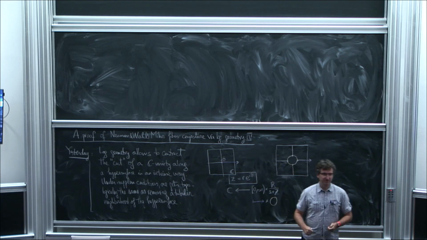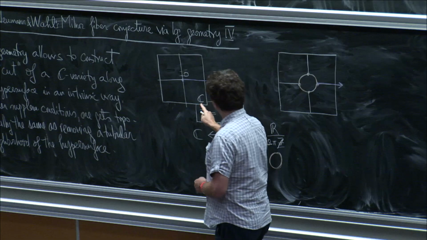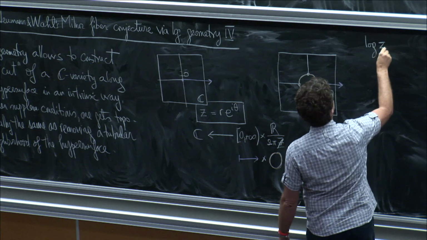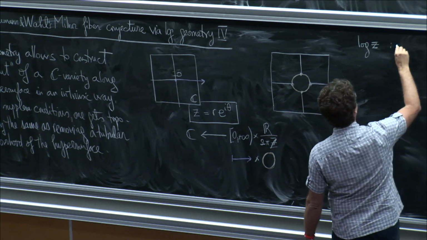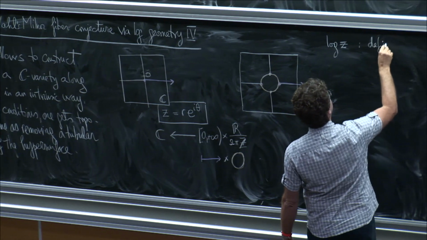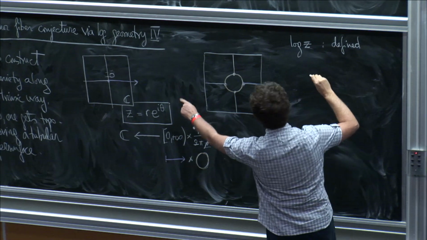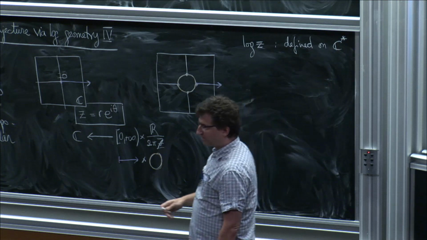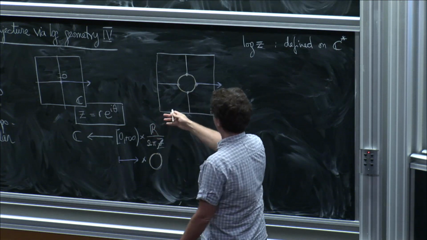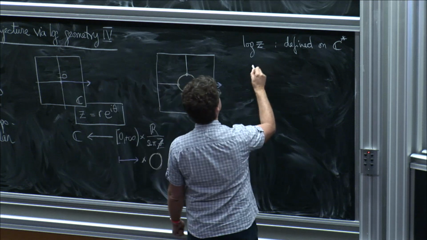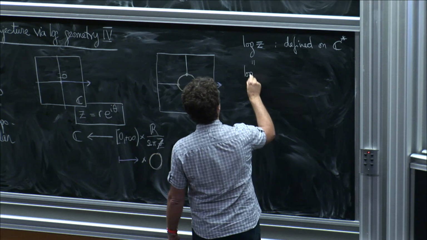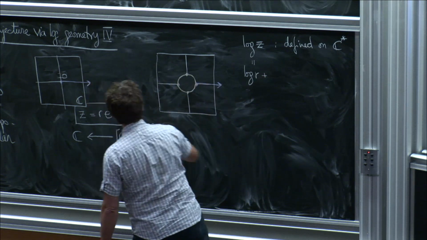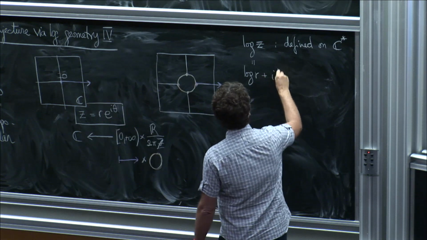So imagine that you want to define log of z. Log of z is defined outside the origin, on C star. And you can really define it in which way? Well, you take the logarithm of this, and it is log of r plus what you find here in the exponent, iθ.